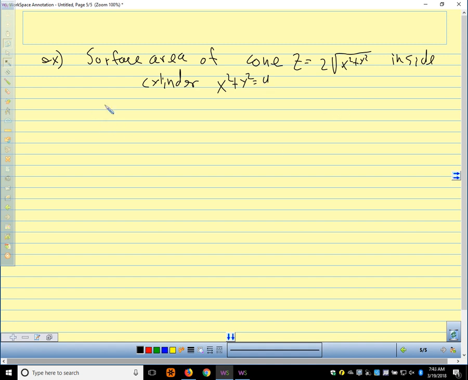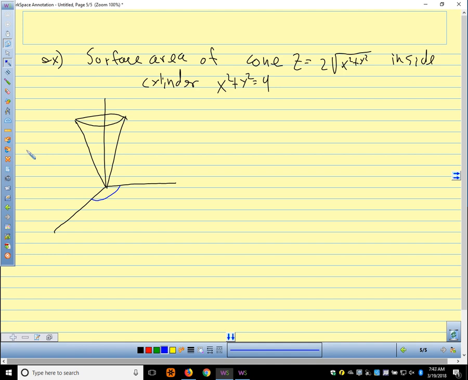So what we have here, just a quick sketch. We have a cone, like so. There's z equals 2 square root of x squared plus y squared. And we have a cylinder that is slicing the cone. Let me redraw that just a little better.